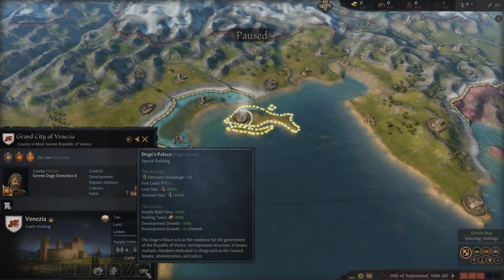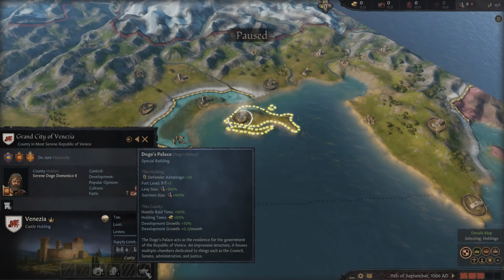County-wide, I apologize, +50% raid time, +50% in taxes, +30% development growth, and +0.3 per month in development growth. So this is definitely one to have, but of course, it's predicated on the fact that you are a merchant republic.